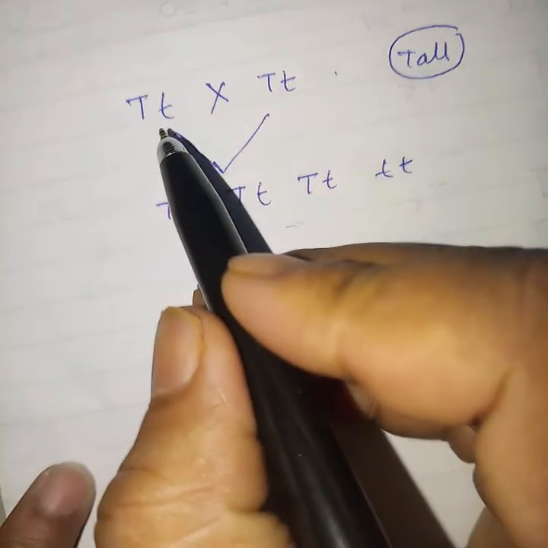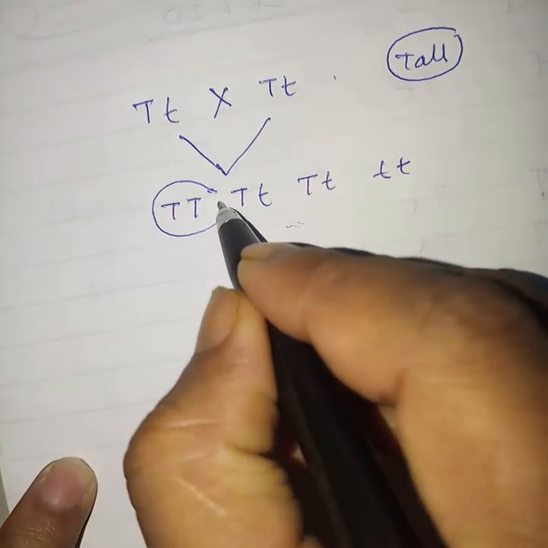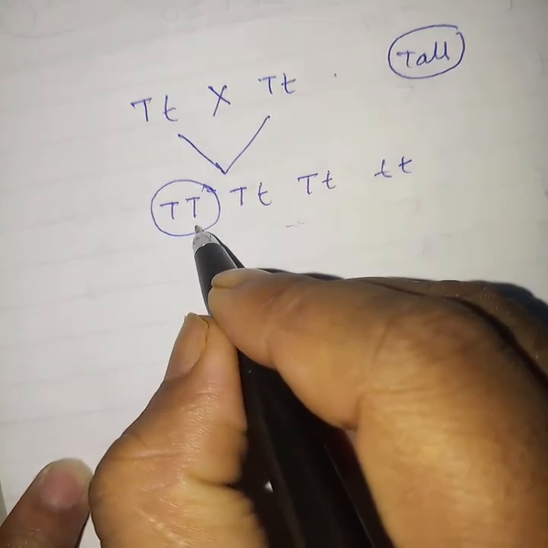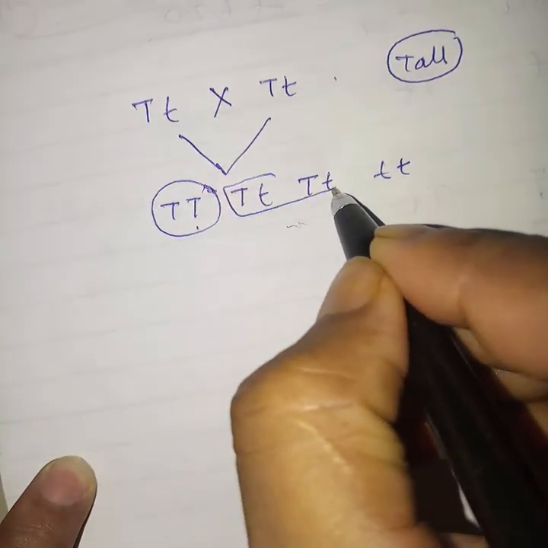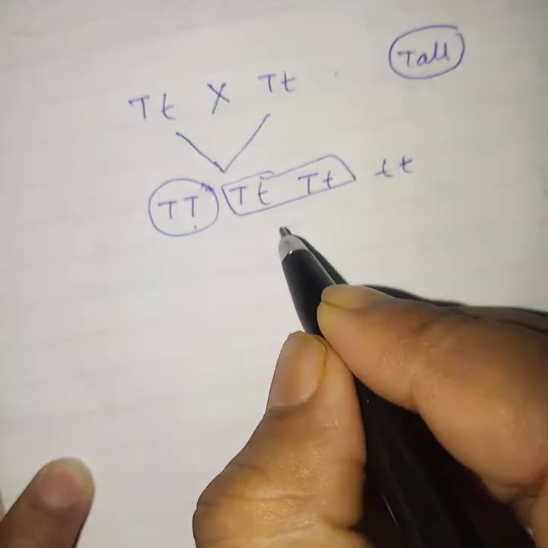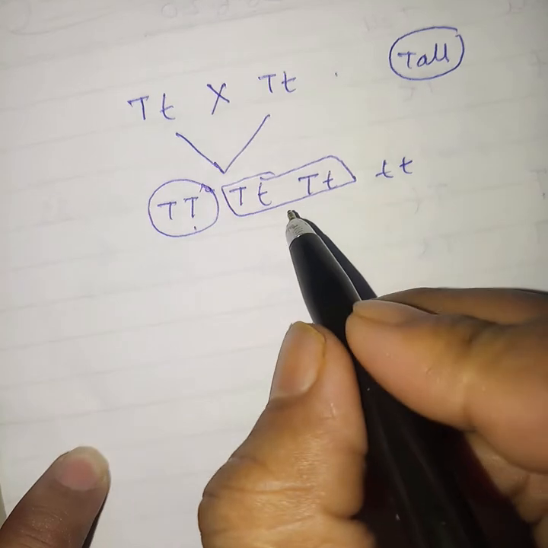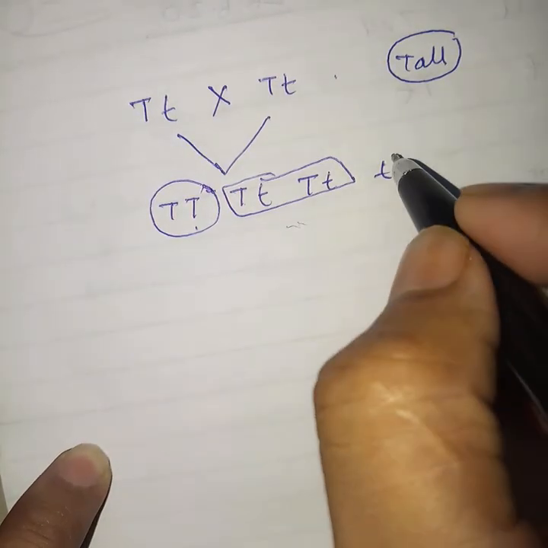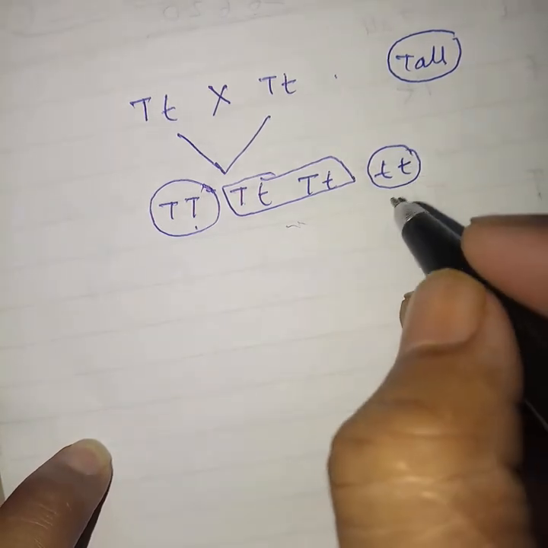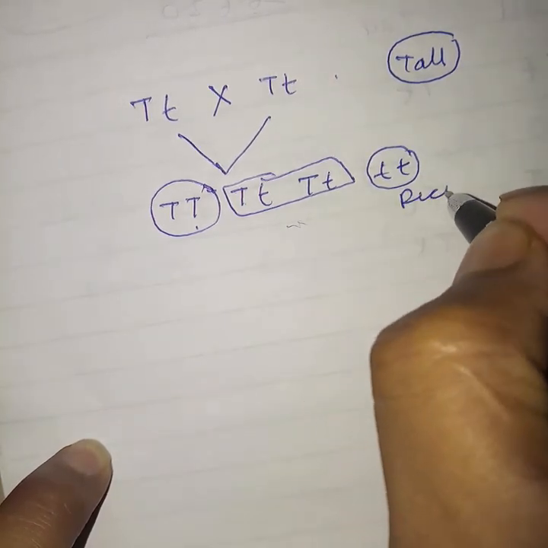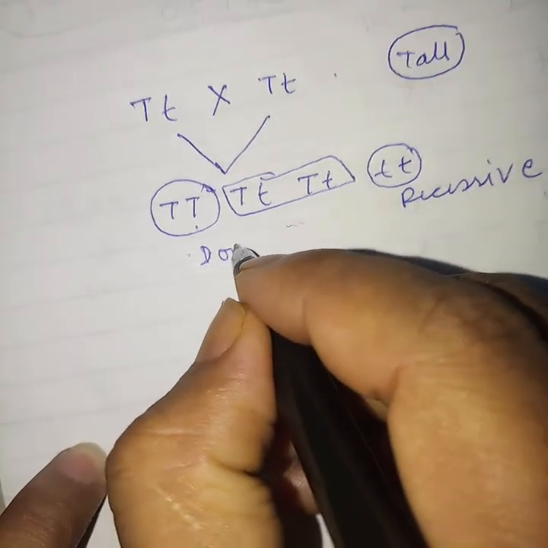So when we cross these two parents, the four types of progeny are: homozygous tall, because both the alleles are same; two heterozygous tall, because both the alleles are different; and the last one is again homozygous, but this is recessive, and these are dominant.